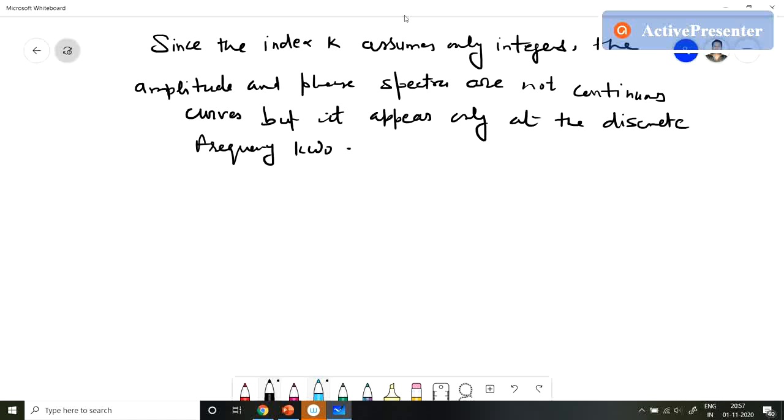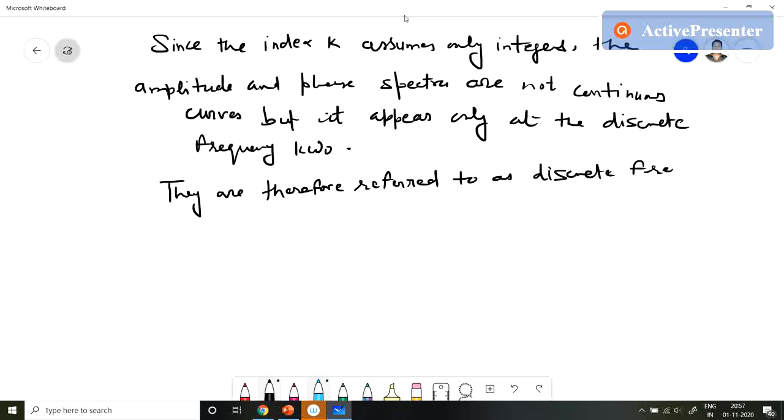They are therefore referred to as discrete frequency spectra or line spectra.